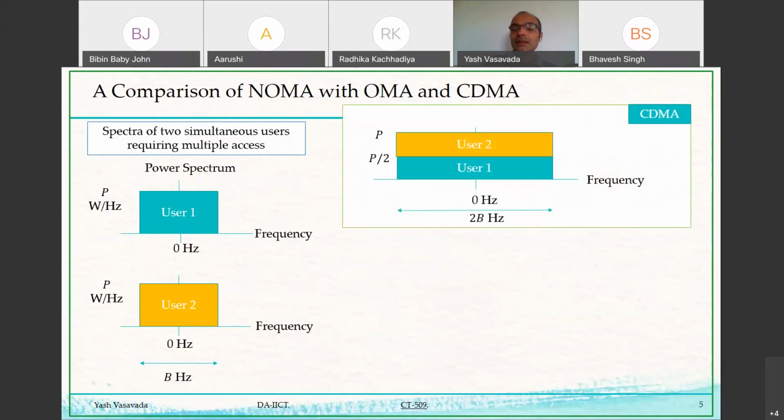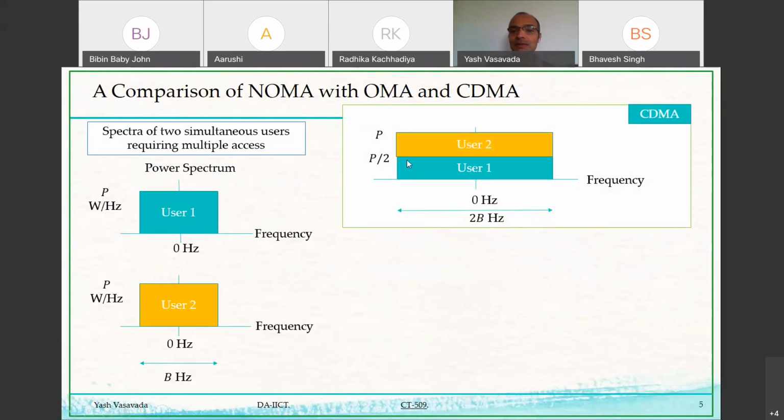Now, in CDMA, two users will be spread by, let us say, a factor of 2. So individual spectrum became wider. They became of length 2B hertz. And possibly by doing that, you can reduce the power by a factor of 2 per hertz.